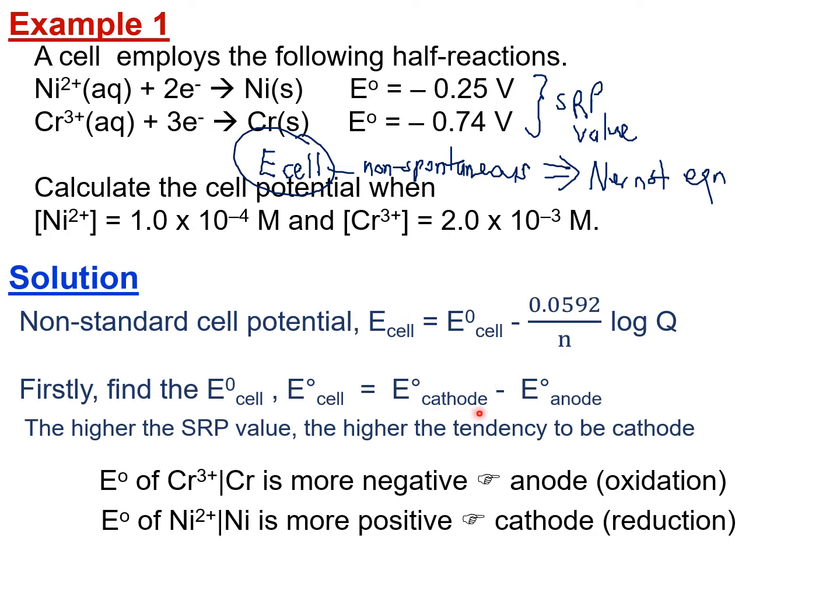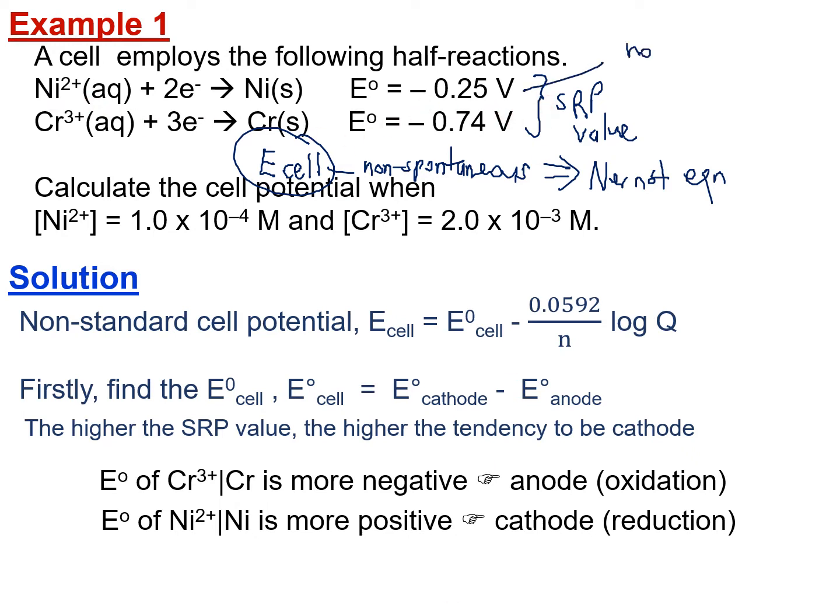Macam mana kita nak cari the one yang berada di cathode dengan anode? You look at the SRP value. As usual, the higher the SRP value, the higher the tendency the half cell reactions to be at the cathode. So, tengok siapa yang ada higher SRP value. Yang lagi more positive SRP value ialah Ni2+. Okay, so basically Ni2+ ni dia more positive.